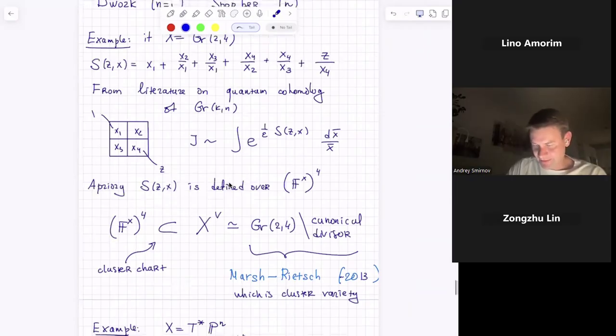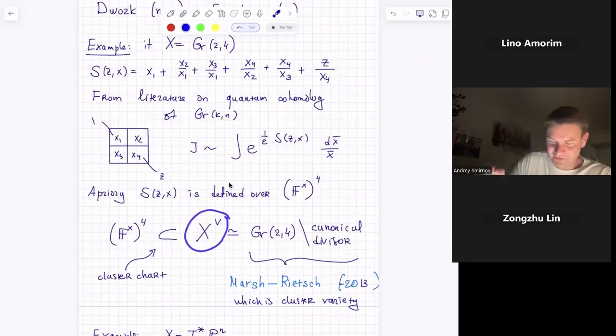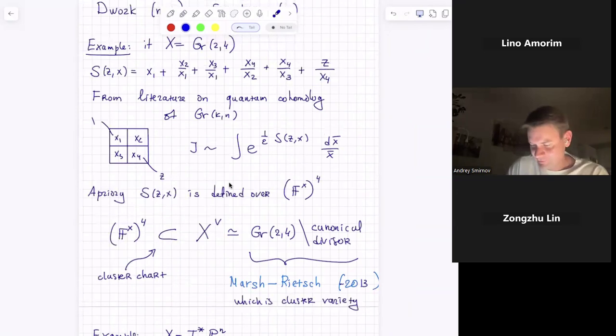So then I decided to try taking a summation over finite field points of this variety with this superpotential, and that exactly gives you again the trace of Frobenius. So in this case, this arithmetic Frobenius detects exactly the known mirror, right? So it's kind of sensitive to that.